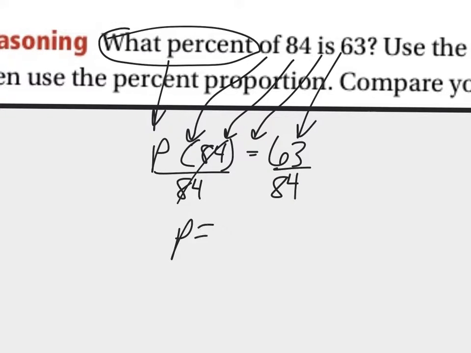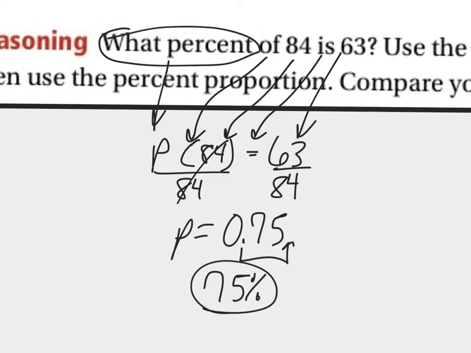That's going to give us a decimal here. So that comes up as 75 hundredths, and then we move our decimal 2 spots because we're finding a percent. So 75%. So we're saying 75% of 84 is 63, and again we can check that if we want to.